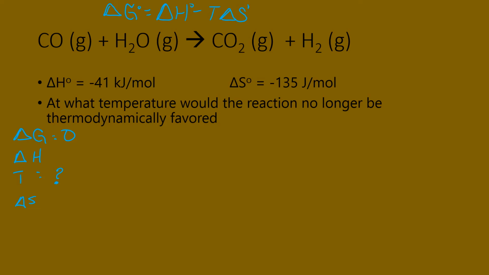Delta H is negative 41 kilojoules per mole, and our delta S is negative 135 joules per mole. Again, we need to convert that to kilojoules, so it's negative 0.135 kilojoules per mole.